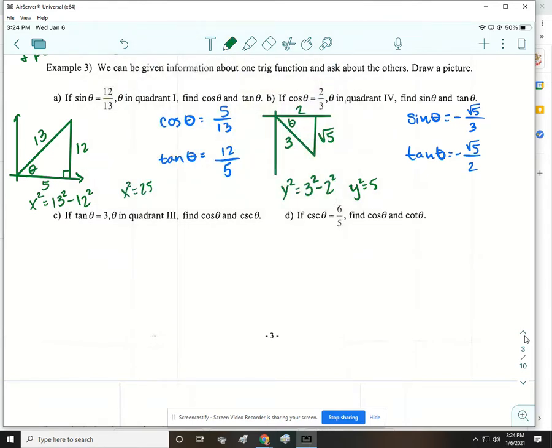All right, then for C, we know the tangent of theta is 3, and theta is in quadrant 3. Now there's more than one way to set this up. There's more than one way to set all of these up, but we just know that when we divide the opposite by the adjacent, we get 3.